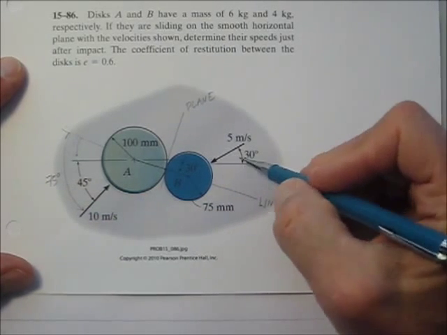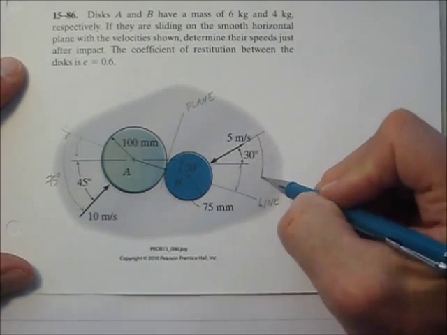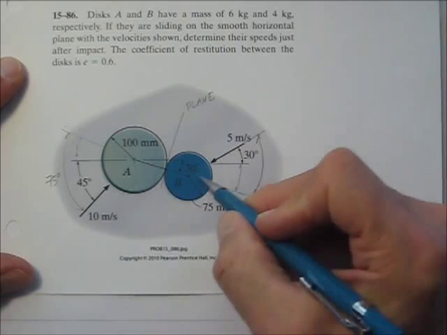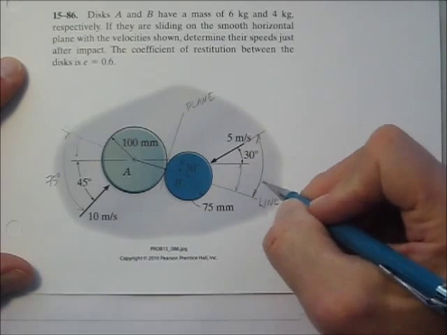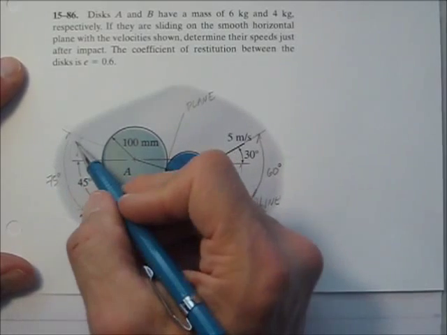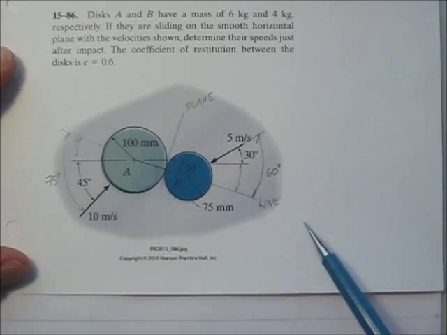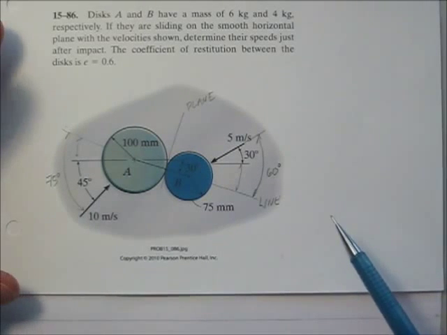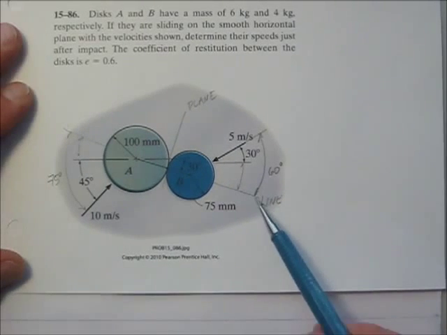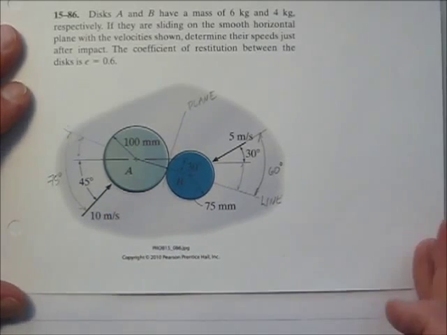Same thing can be done over here, this is actually another 30-degree angle, so the approaching velocity that this guy makes with the line of impact is 60 degrees. All right, so that little bit of understanding is helpful to try to figure out the approaching velocity with respect to, or measured from, either the line or the plane. And this one, it's easiest to do it, I believe, with respect to the line.